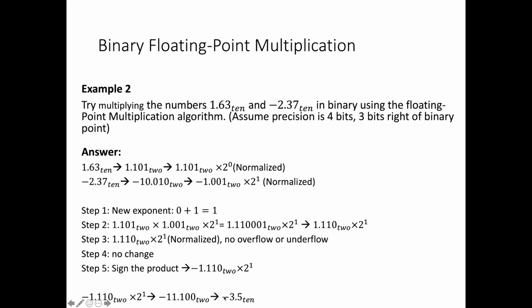The reason is that we only assume the precision is 4 bits, so we only allow 3 bits right of this binary point. For example, in step 2, we ignore the last one here, and since the last one is ignored, we do not get an accurate result.